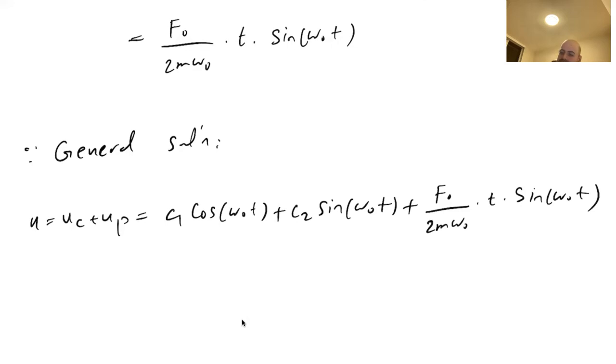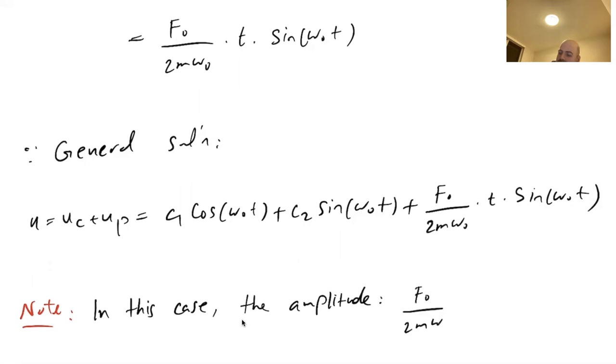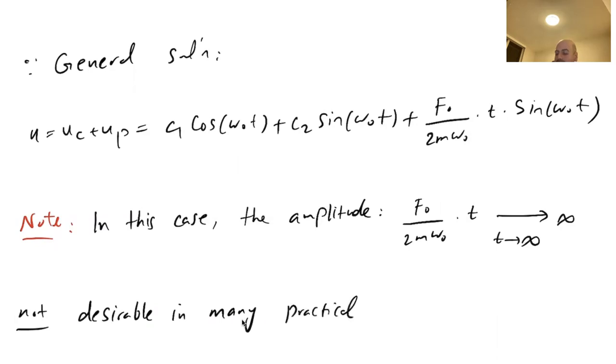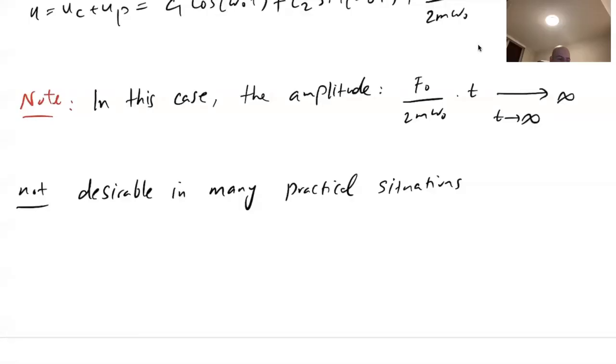Note that in this case the amplitude is f0 over 2m omega naught times t, and this goes to infinity as t goes to infinity, and this is not desirable in many practical situations, for example in building a bridge.